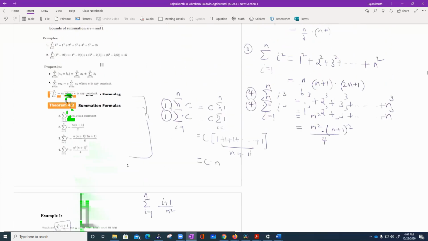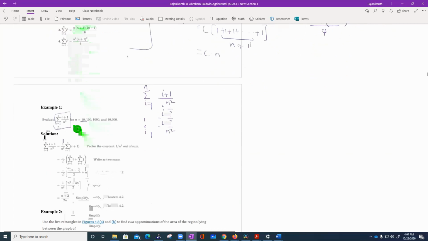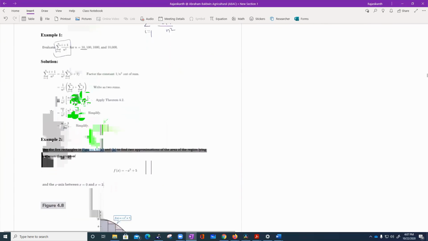Now you could apply those results. Remember, the summation of i from 1 to n is n over 2 times n plus 1. So plug that in here. But the summation of 1 from i equals 1 to n, as I said earlier, is simply n. Now use some algebra and simplify this. Find the common denominator, multiply and simplify. You will get that.